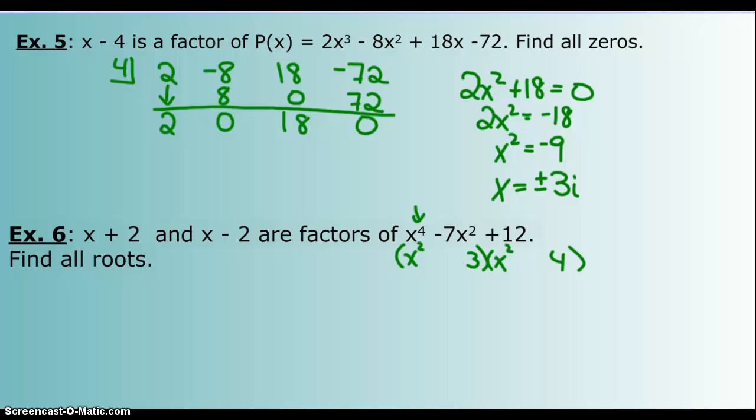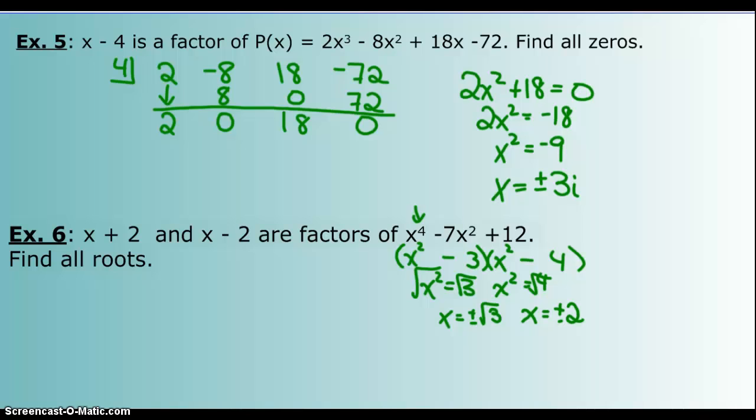I need them to be the same because it has to be positive and they both need to be negative. So x squared equals 3 and x squared equals 4. Take the square roots and x equals plus or minus radical 3 and x equals plus or minus 2. So we already know what the answers are going to be.